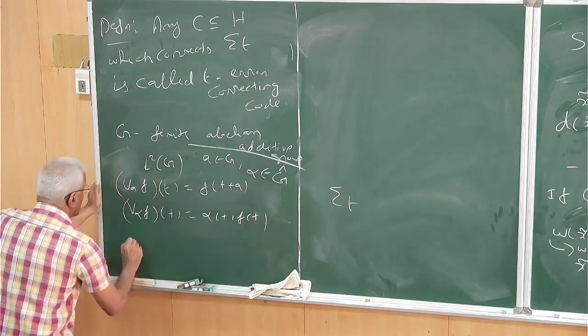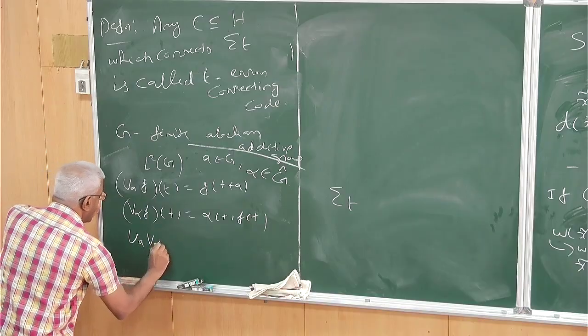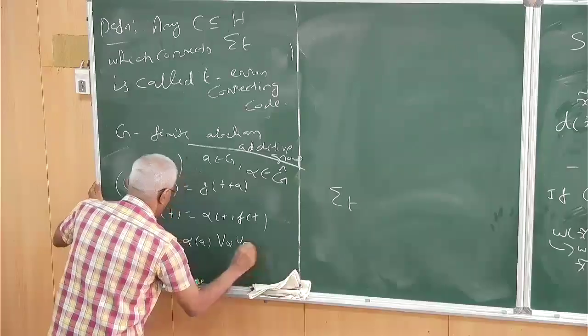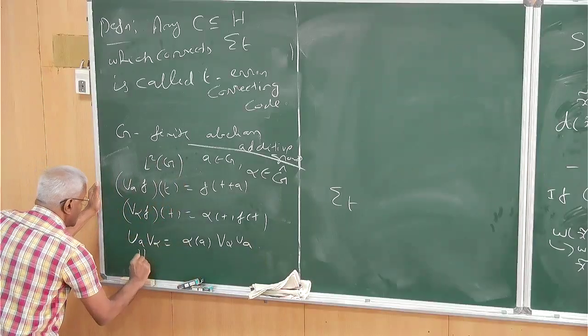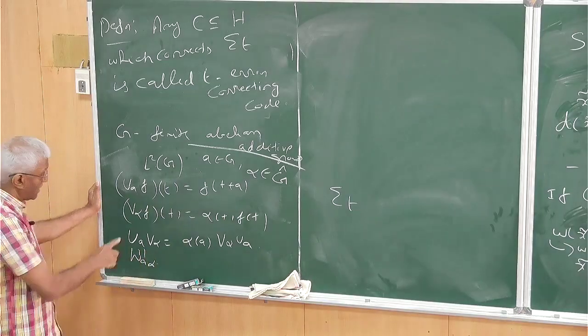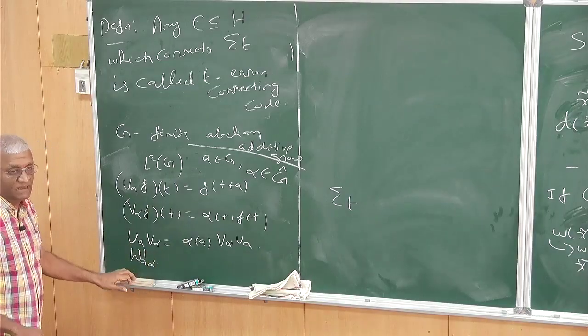Then we have already shown that U_a V_alpha is equal to alpha(a) V_alpha U_a, and we call U_a V_alpha as W(a, alpha).